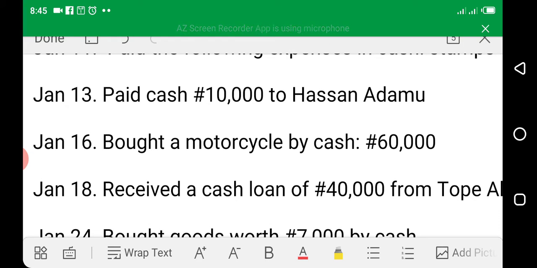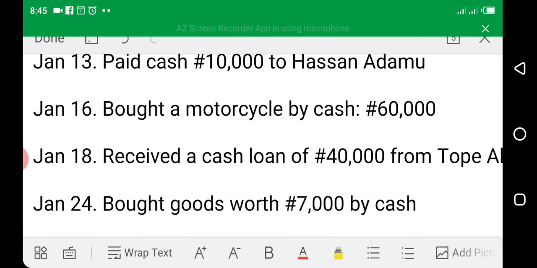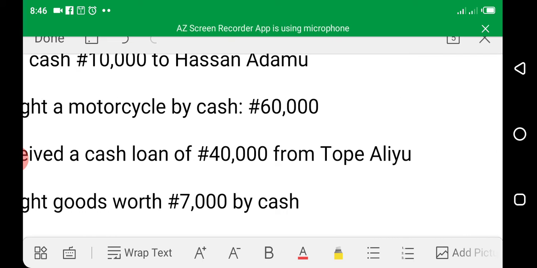Then on January 16, bought a motorcycle by cash, 60,000. Here, the name of the item bought has been mentioned. So this being payment is going to be credited, and it will be referred to as motorcycle. Then on January 18, received a cash loan of 40,000 naira from Tope Aliu.